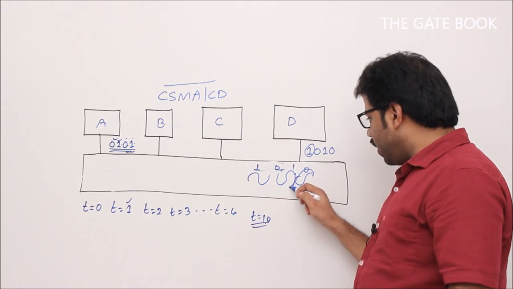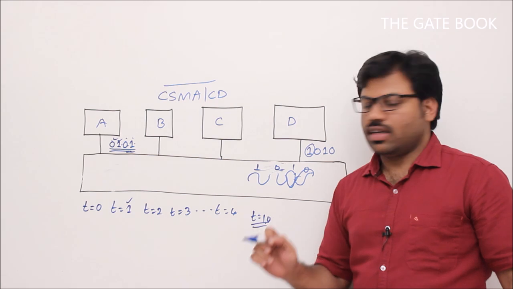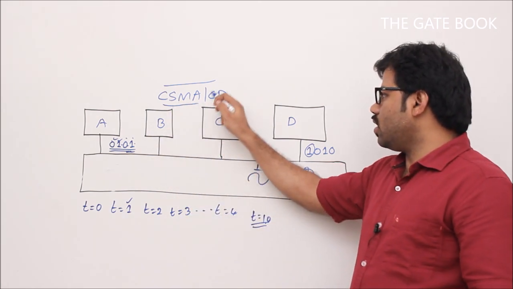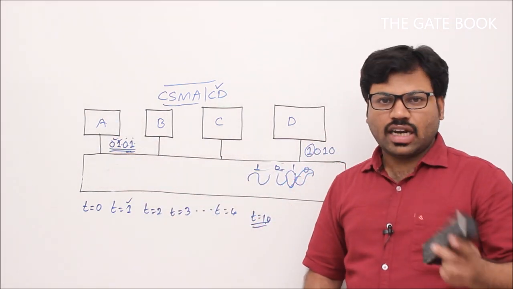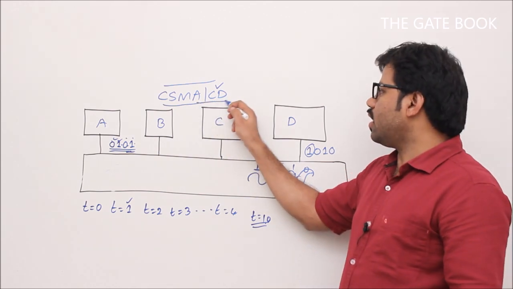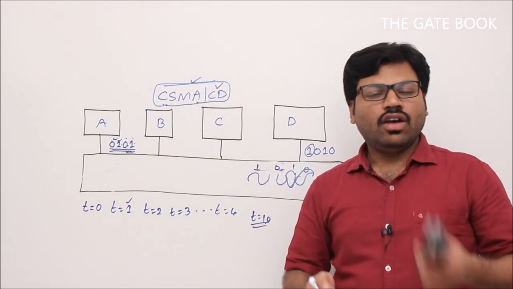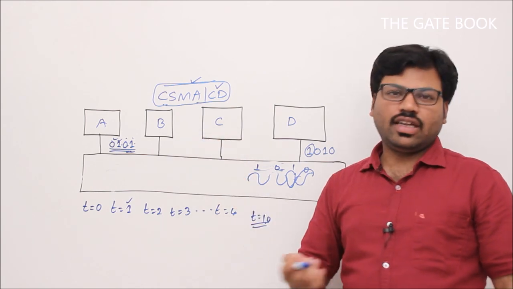After this point of time, the collision is occurring, but station A is not able to detect it. In the CSMA/CD procedure, whenever a sender sends data, he should be able to understand whether his data is successfully transmitted or not. Only then do we say that it is the CSMA/CD procedure. Here we are going to design a protocol where the sender at least knows that there is a collision.